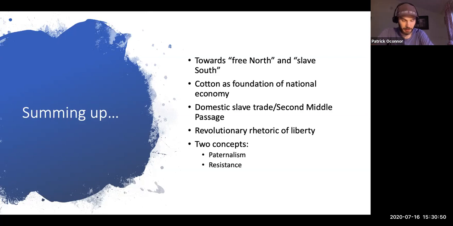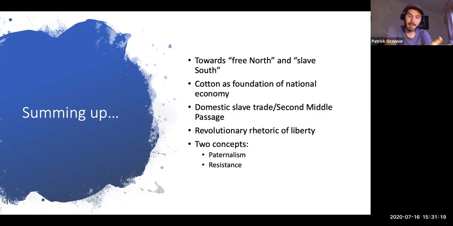Here's how the historian Eugene Genovese wrote about this. He's the historian most famous for coining this idea. He wrote, "For slaveholders, paternalism represented an attempt to overcome the fundamental contradiction of slavery, the impossibility of the slaves ever becoming the things they were supposed to be, free people, independent human beings.